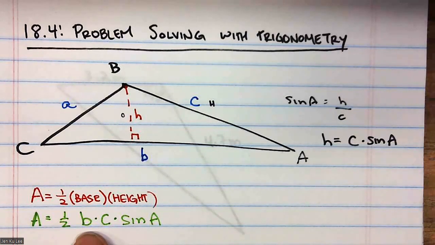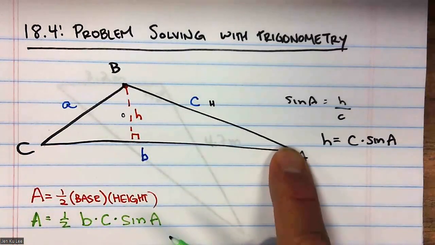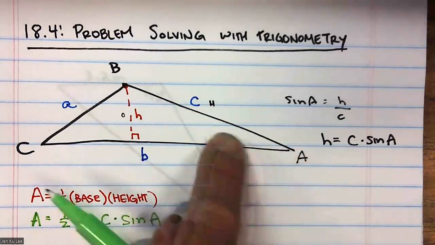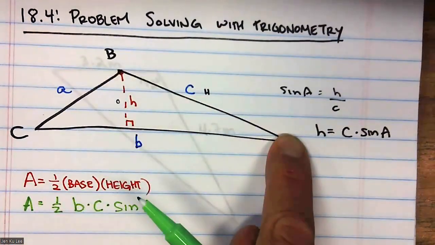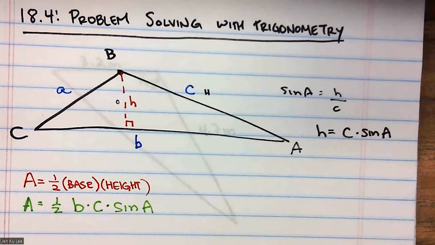Okay? It's always going to be 1/2 base times the other side times the sine of that angle. Okay?